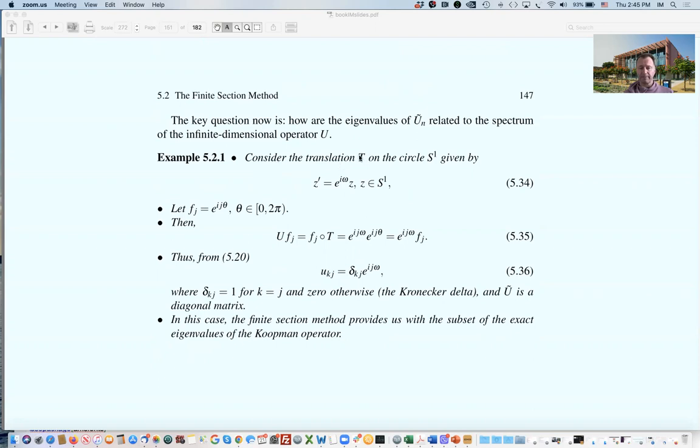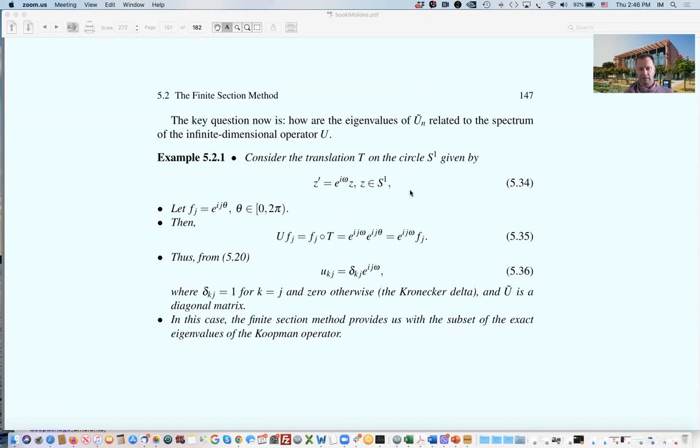The map that we are going to consider is a translation on the circle S1. We encountered this map before. Starting from a point z on the unit circle, we multiply with e to the i omega to obtain z prime, which clearly is another point on the unit circle.